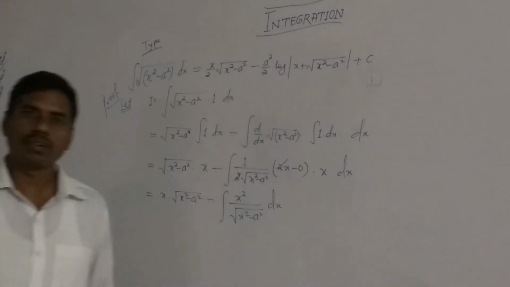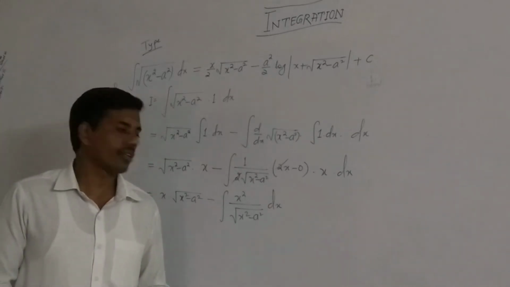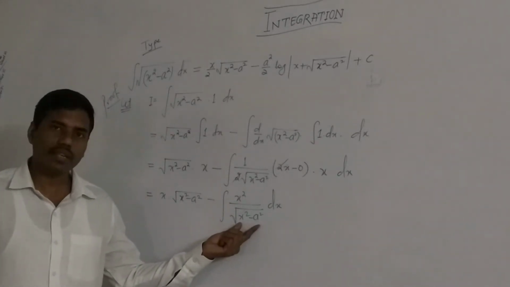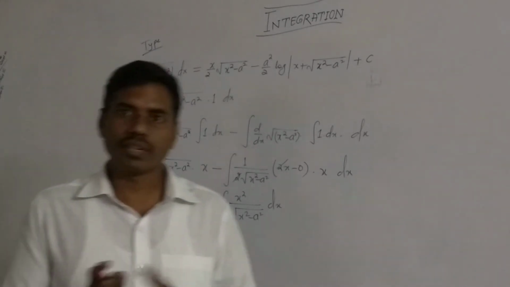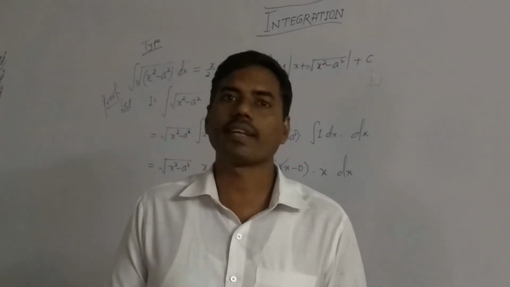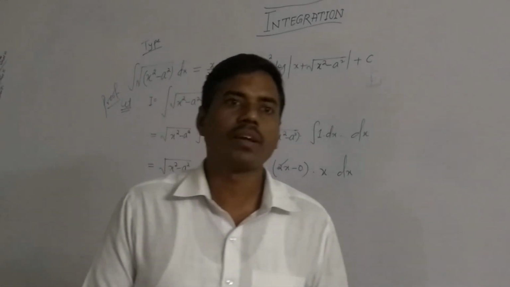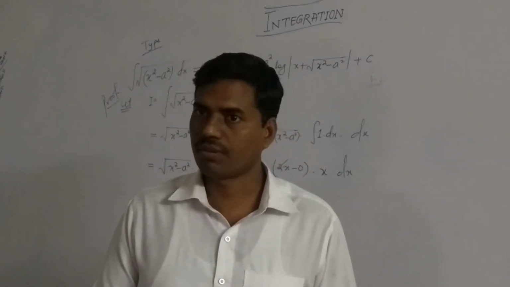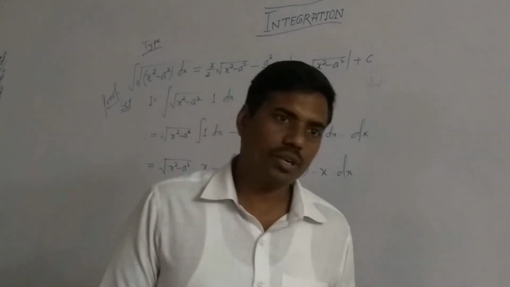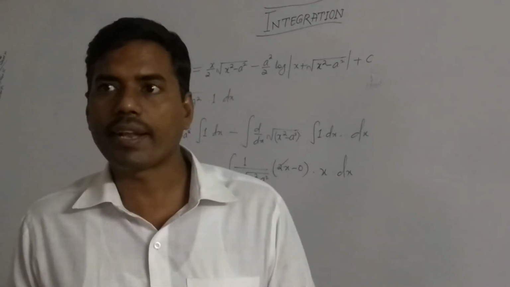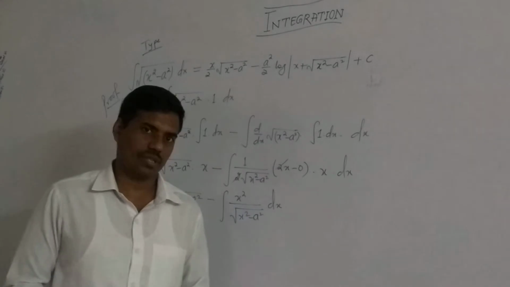Since the degree of numerator is 2 and the degree of denominator is also 2, and we know that if degrees of numerator and denominator are equivalent with each other, then we have to apply the cancellation process. I am repeating, if degrees of both numerator and denominator are equivalent, then we have to use the cancellation process.